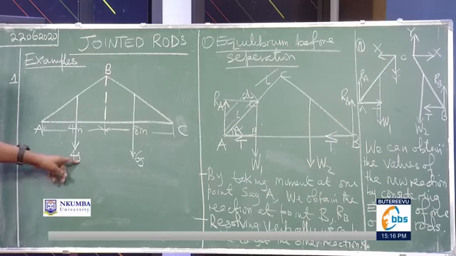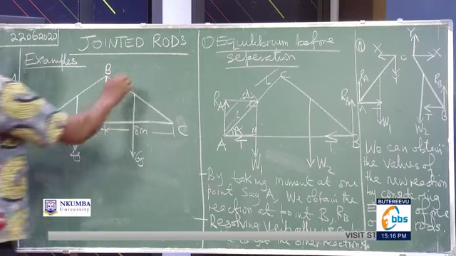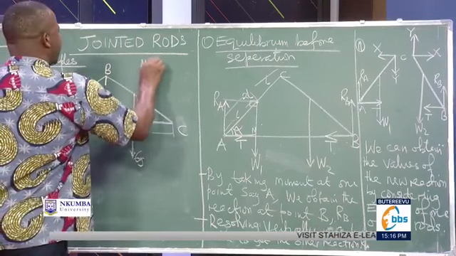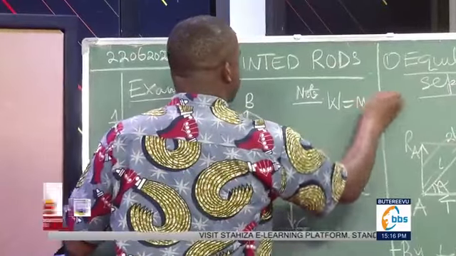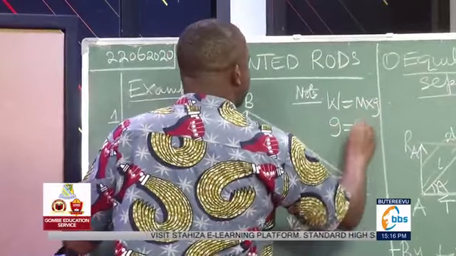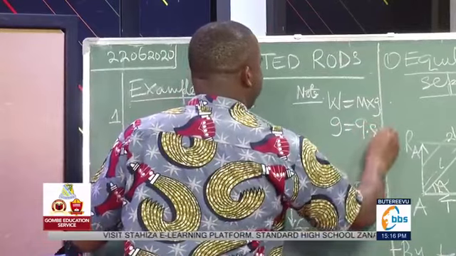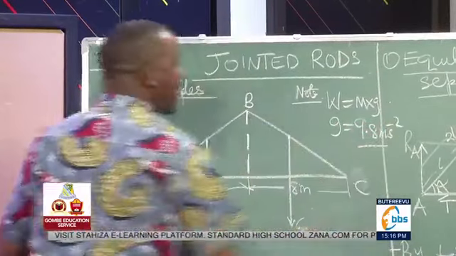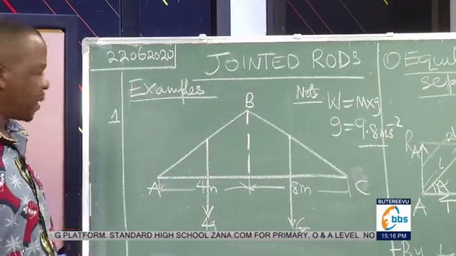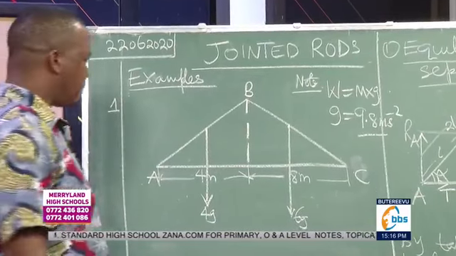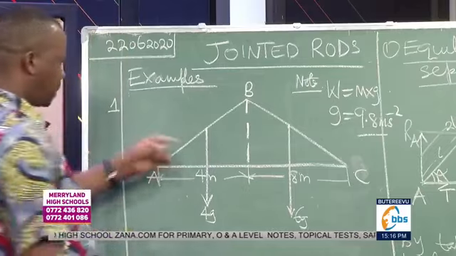Don't be surprised that I'm not writing kilograms. We need to note here that weight is equal to mass times g, and g is a constant which is given as 9.8. We are going to be using this. So we can now proceed to the solution.